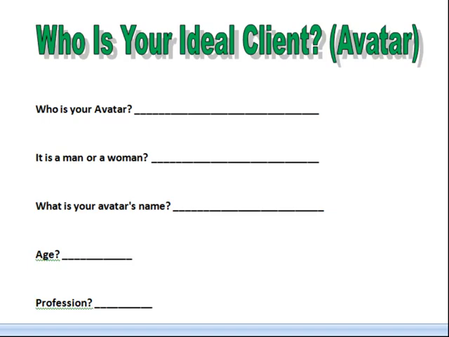I mean, it would be nice if people bought everything, but the client that you are going to connect with on the most levels, the client that you are going to have the most success with, the client that you are going to be able to best represent from a legal standpoint, the person you're going to have the most fun with showing houses, or the most fun working to sell their home, is a person who we're going to call your ideal client or your avatar. And we really do want to narrow that down to a single person.